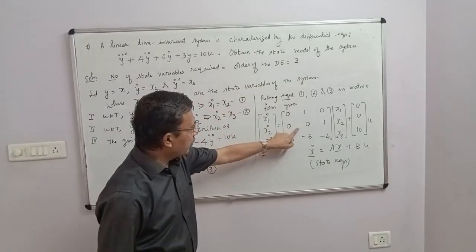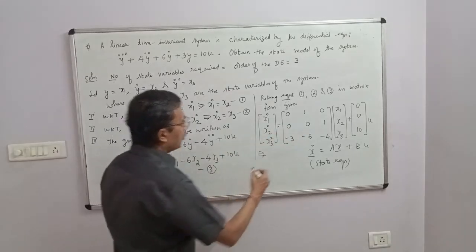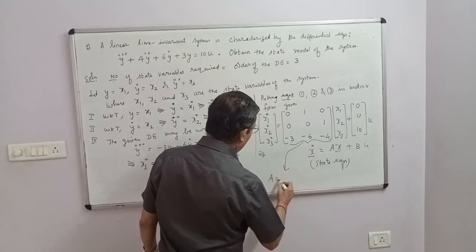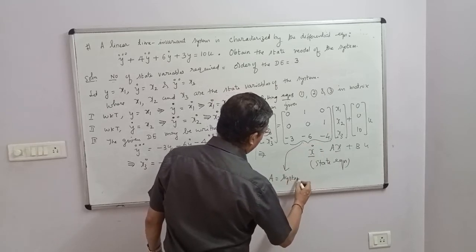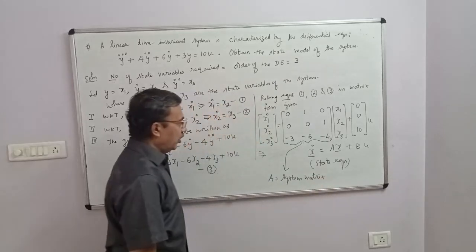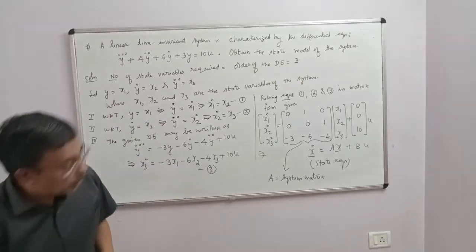The 3 by 3 square matrix A is called the system matrix. Please note that, because for future topics you must know what A is. Next we have to get the output equation.